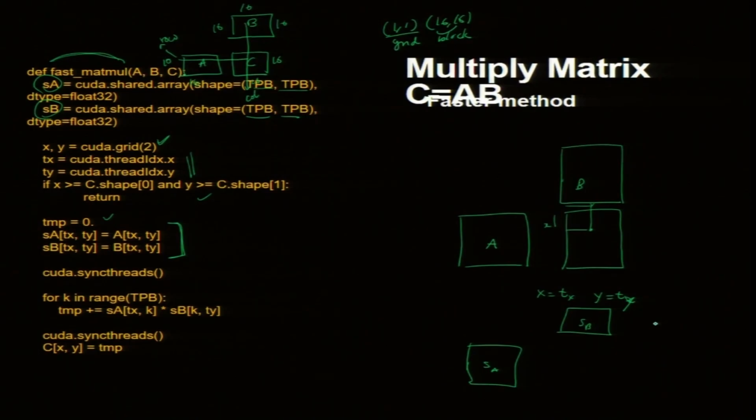They are shared arrays, and it just copied. How many threads are acting during the copy? 16 by 16, all of them. So, the whole SA will be filled and SB also will be filled. The copying will take time because it is coming from global memory, but you do it once. So, my shared memory is loaded now.